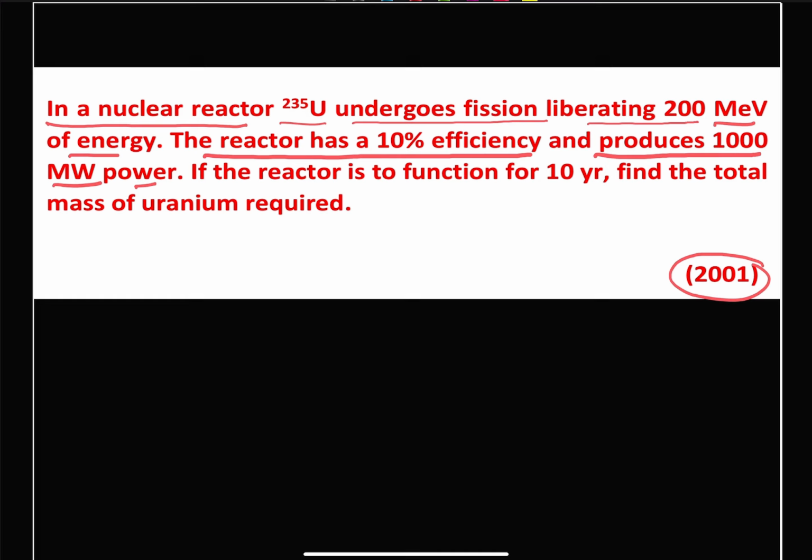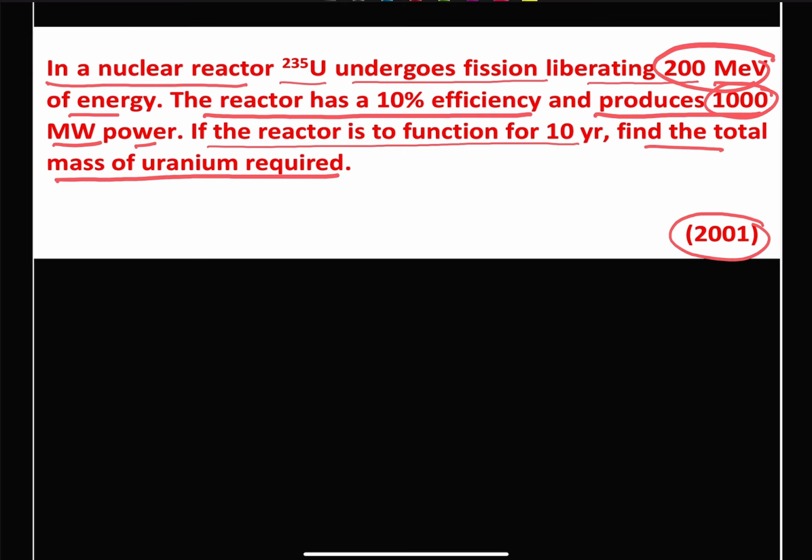If the reactor is functional for 10 years, find the total mass of uranium required. So we are given energy released per fission is 200 mega electron volt and 10% efficiency, producing power is 1000 megawatt and time is 10 years.